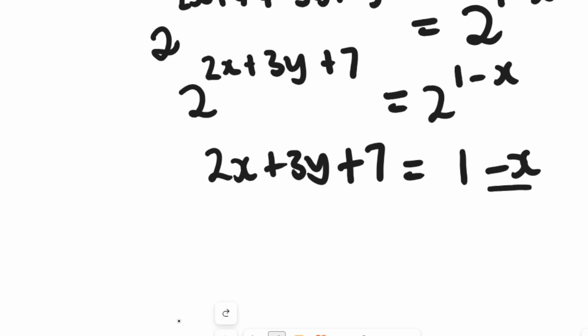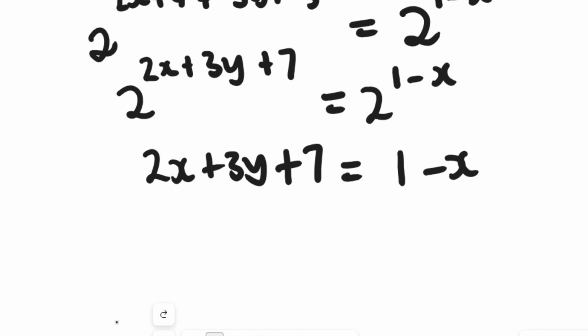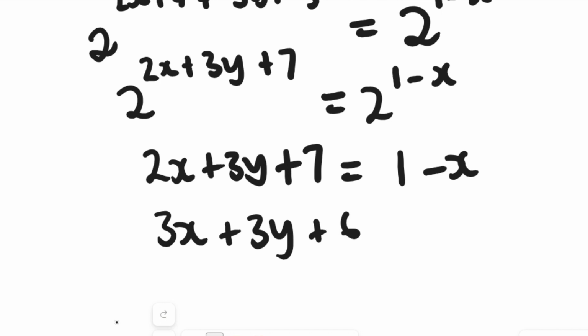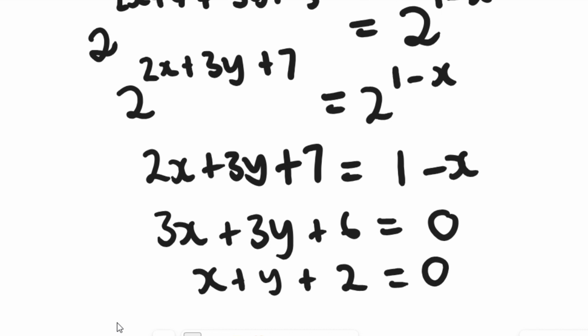So it becomes 2x plus x, that is 3x, and then plus 3y, which does not have a like term, and constant 7 and constant 1, that is positive 7 minus 1, which will be positive 6. This will give you 0. Okay, from here we can divide everything by 3 and get x plus y plus 2, which gives us 0.